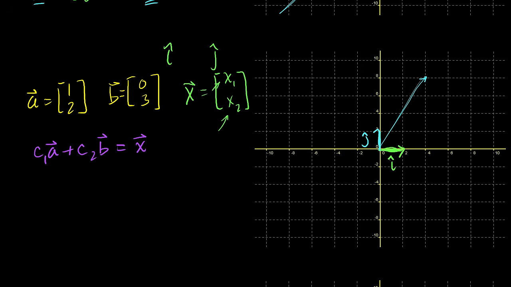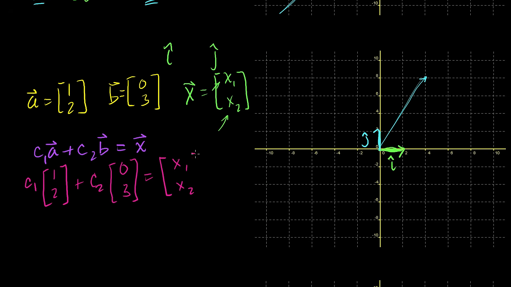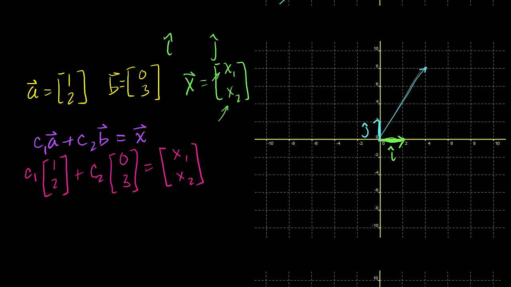So let's just write this right here with the actual vectors in their column form. We have c1 times this vector plus c2 times the b vector, 0, 3, should be able to equal my x vector, my x1 and x2, where these are just arbitrary. So let's see if I can set that to be true.